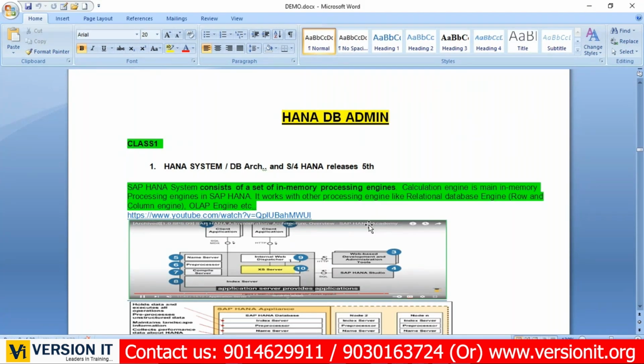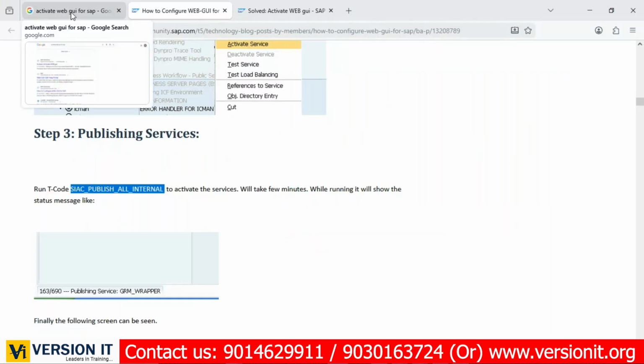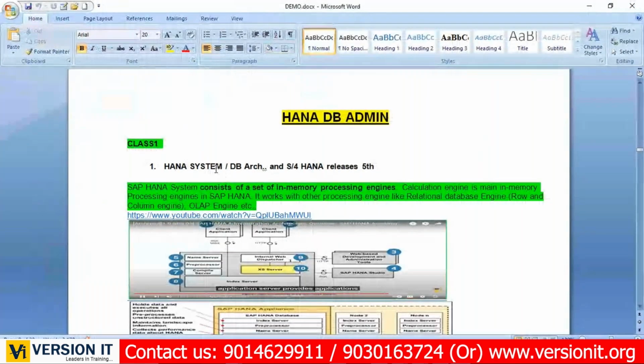In olden days, the abbreviation of HANA used to be, write down, high performance analytical appliance.